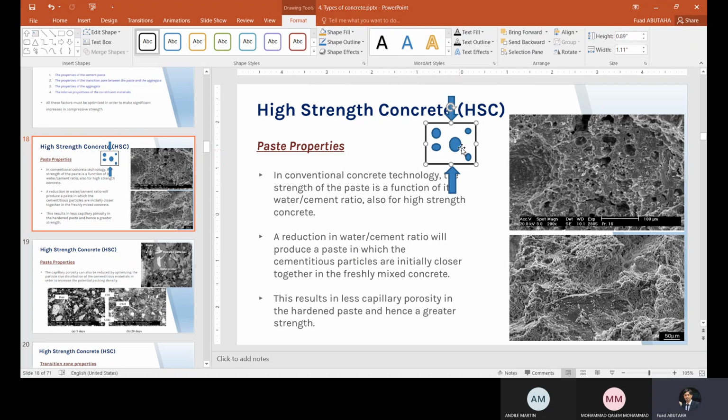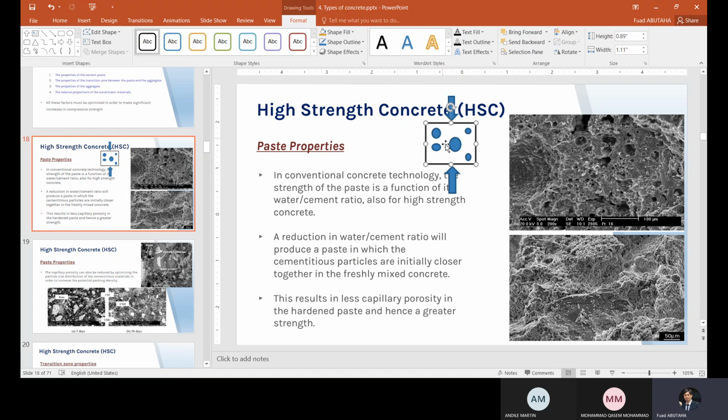However strong the aggregate is, the concrete will fail through the weak point, which is the cement paste. And also we cannot improve the strength of the cement paste and use weak aggregate. The concrete will fail through the aggregate itself, no matter how strong the cement paste is.